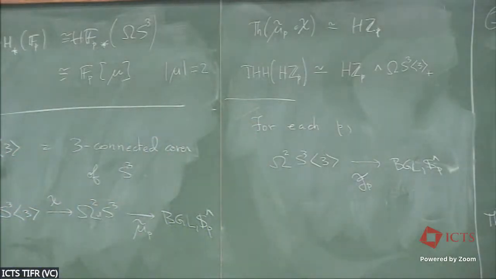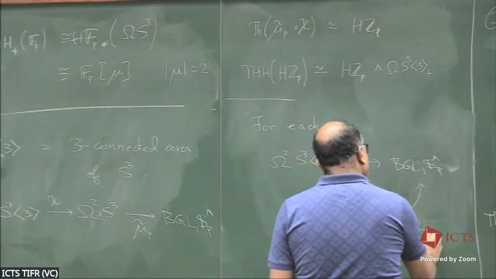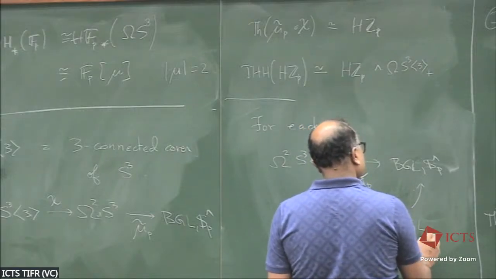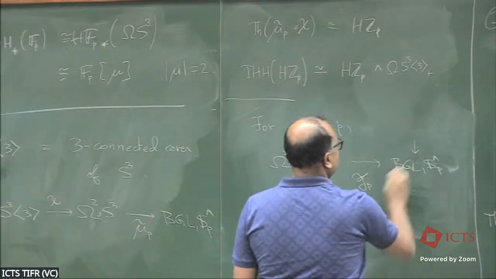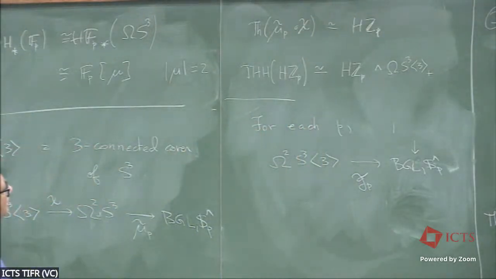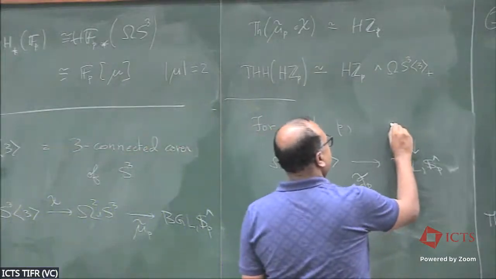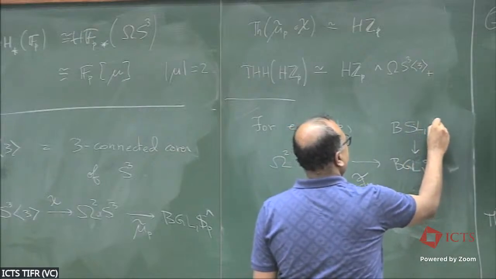Okay, so for each P you have these maps, and not only that, this actually goes to the connective cover, because this omega 2 S3<3> is 0 connected. So this goes to the connective cover, which I write as BSL1 SP.